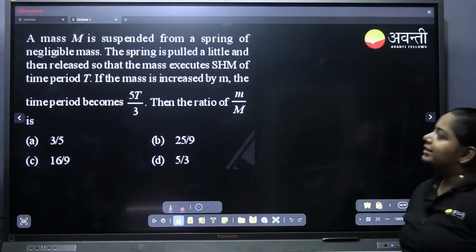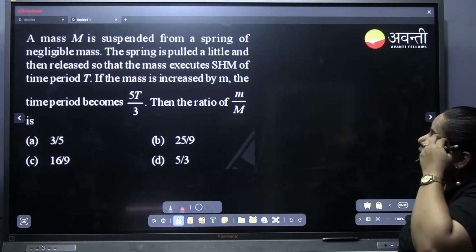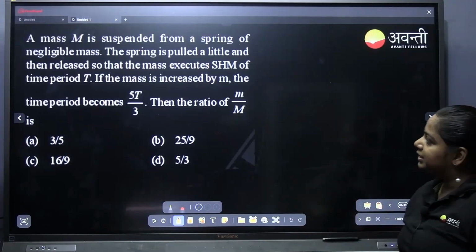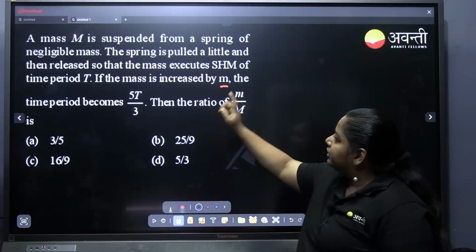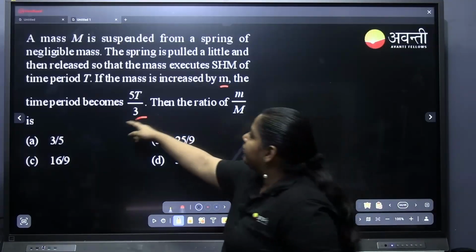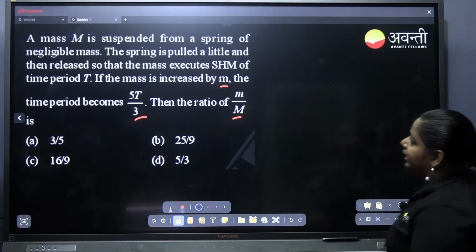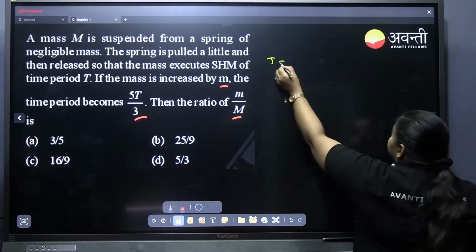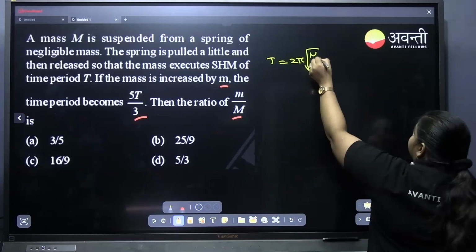Next one, a mass m is suspended from a spring of negligible mass. The spring is pulled a little and released so that the mass executes SHM of time period T. If the mass is increased by small m, then the time period becomes 5T by 3. Find the ratio of small m by m. Okay, initially mass m is there, time period T. So for a spring, T equal to 2 pi root m by k.